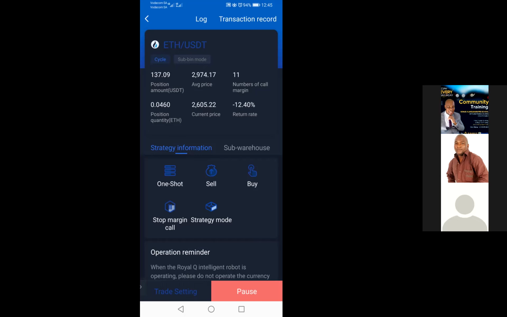Which means these 3 positions, for them to keep on running, they only need an amount of $313, that's what I'm saying.